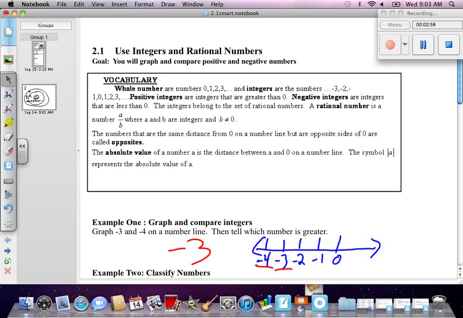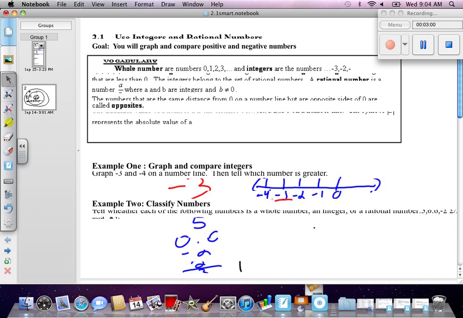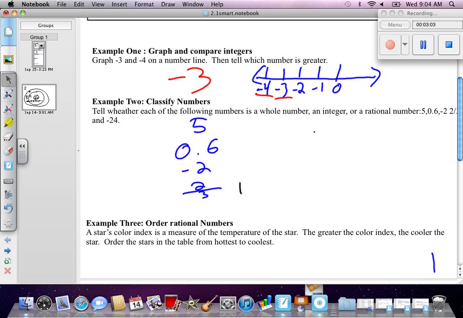Okay. All right, we're going to look at a list of numbers, and we're going to say if they're rational, whole, or integers. Number 5. The number 5, that is what? If it's whole, it also has to be a what? Integer and a rational. 0.6.